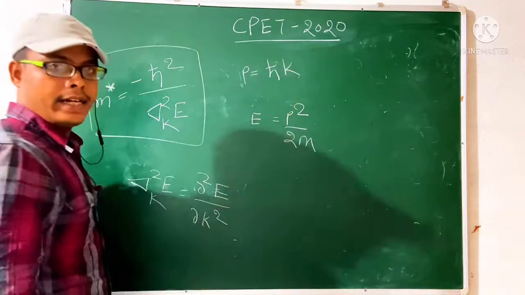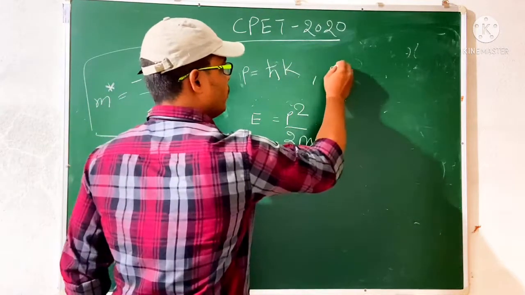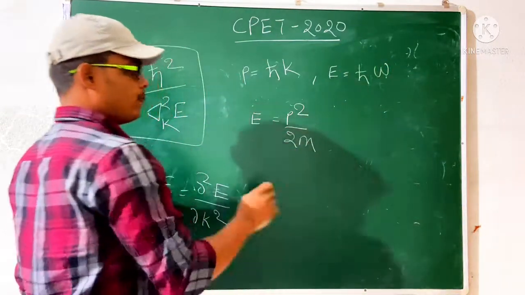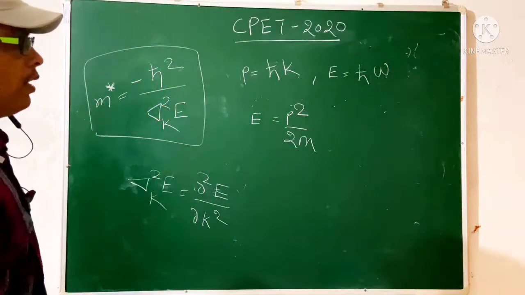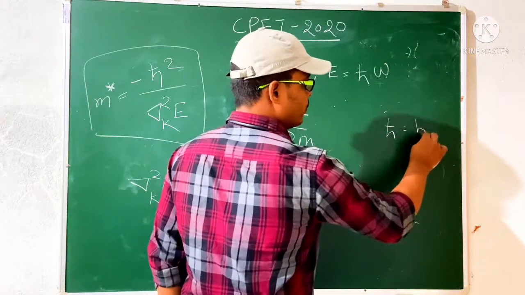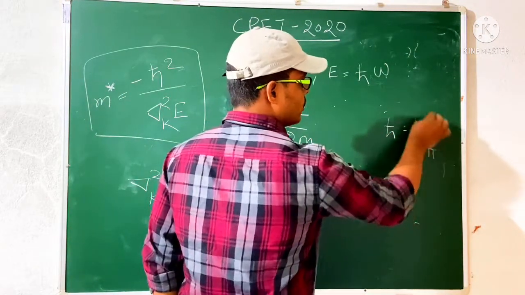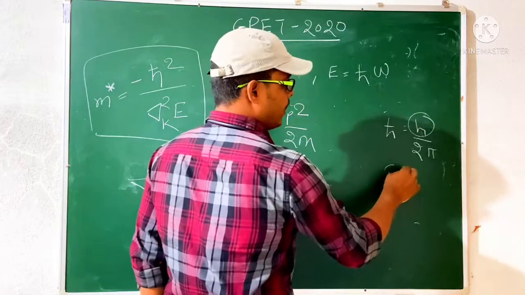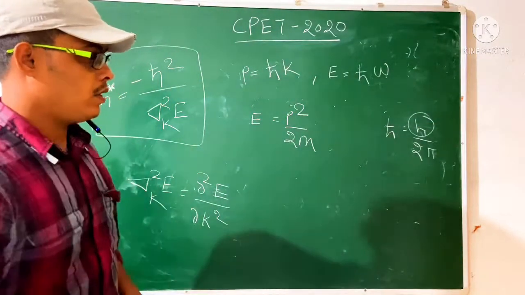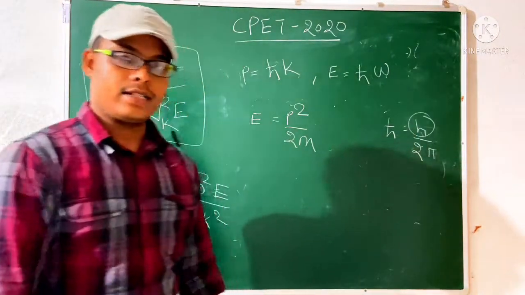And energy equals h cut omega. Remember, these are two important things: p equals h cut k and E equals h cut omega. What is h cut? H cut is nothing but h by 2 pi. So h is your Planck's constant, that is 6.625 into 10 to the power minus 34 joule second. So remember this is Planck's constant and its value.